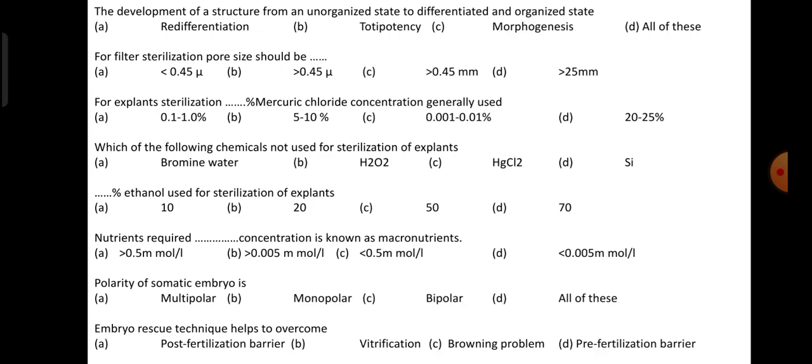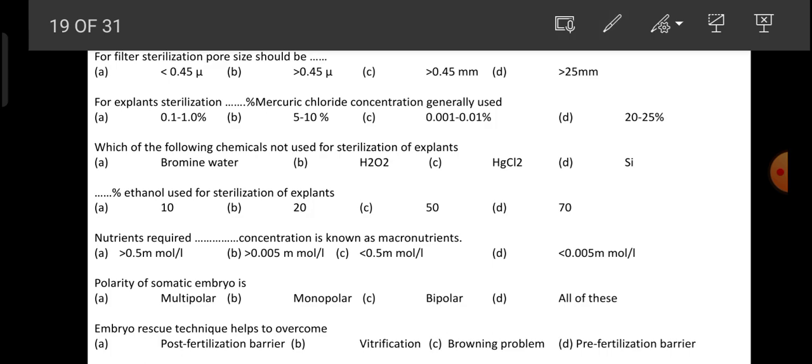Next question, for filter sterilization, pore size should be. Options are less than 0.45 micron, more than 0.45 micron, more than 0.45 mm, or more than 25 mm. Here the answer is less than 0.45 micron. Why? Because if the pore size is larger, tissues or cells will drain away.